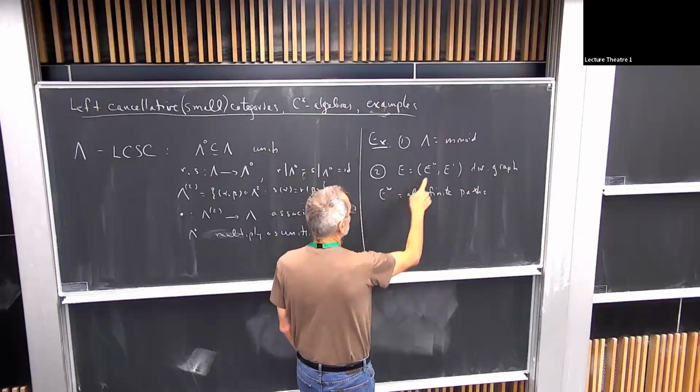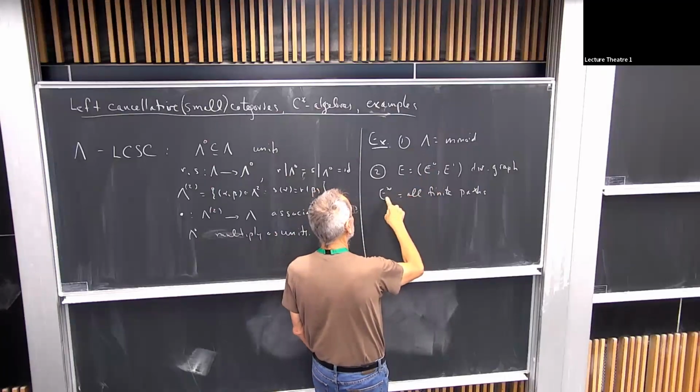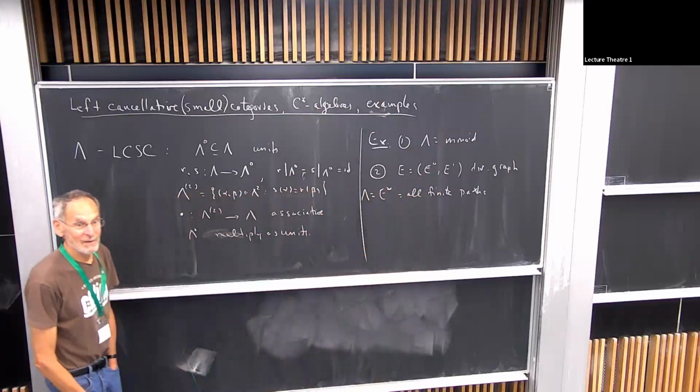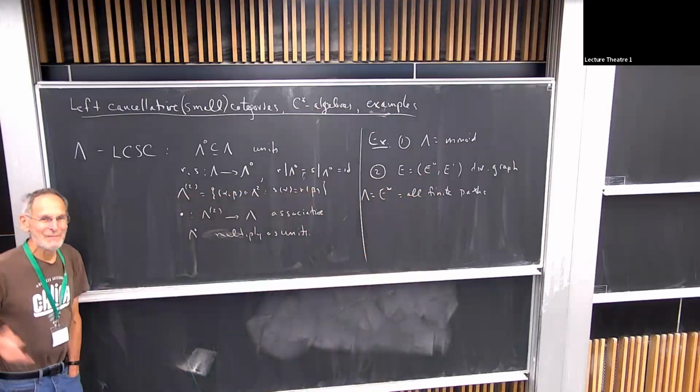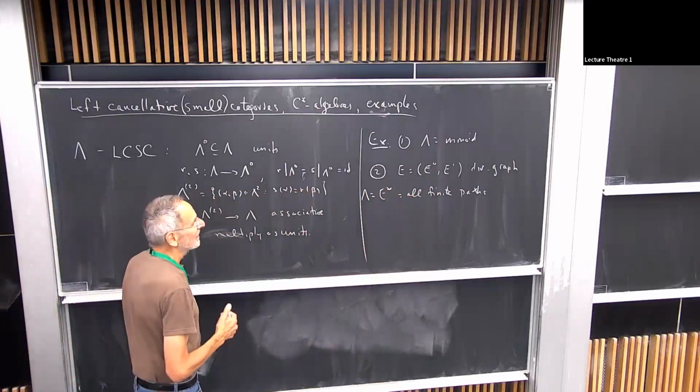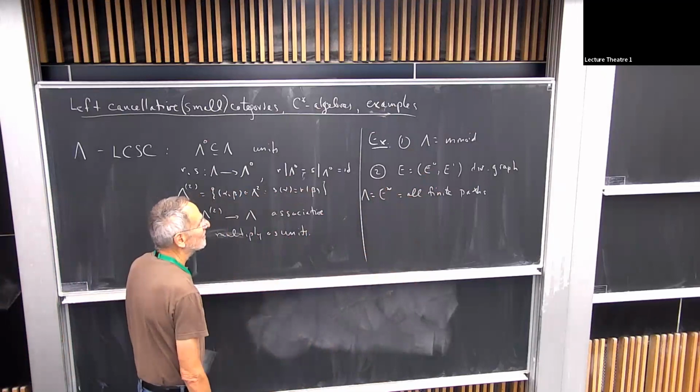And then E0 is the space of units for E star, and that's an example of a small category. And of course, we all know how well worked over that has been from the C-star algebra point of view, and others. So that's one of the main motivating examples.